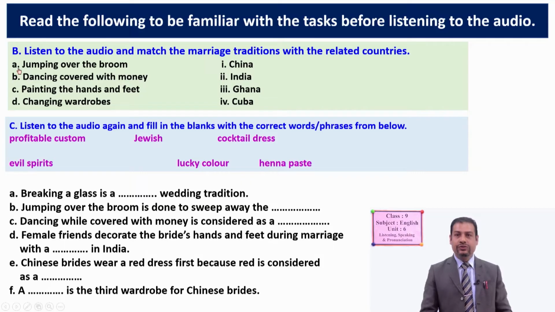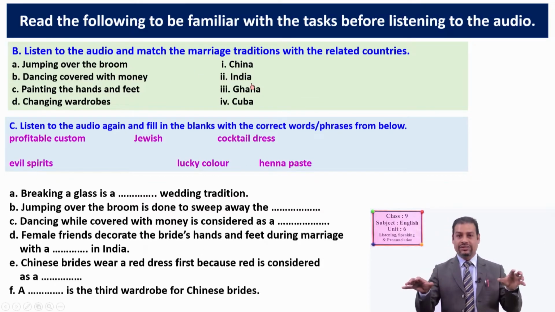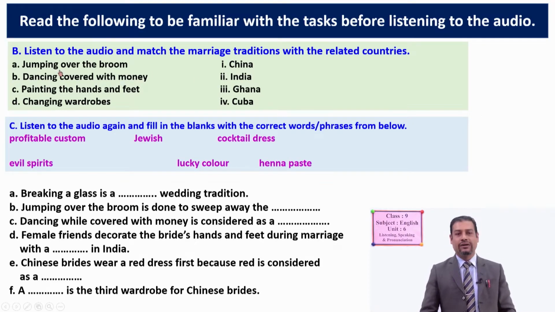So what do you have to do here? Listen to the audio and match the marriage traditions with the related countries. On this side you can find marriage traditions, and in this column you can find different countries. You have to match these marriage traditions with the countries. Okay, let's start reading.